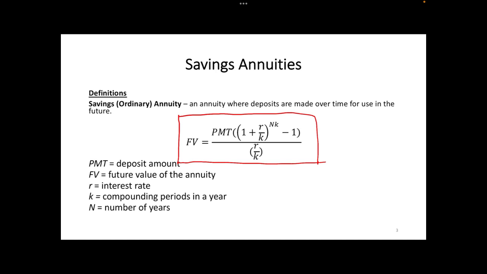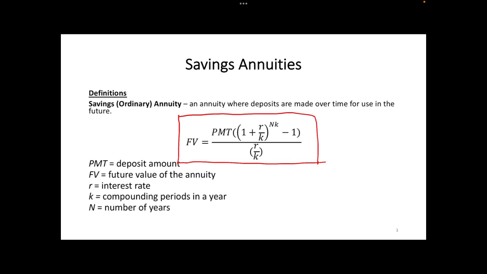PMT stands for payment, but in this setting, PMT stands for the deposit amount, either monthly or quarterly or yearly, depending on your account. That's the regular deposit amount.